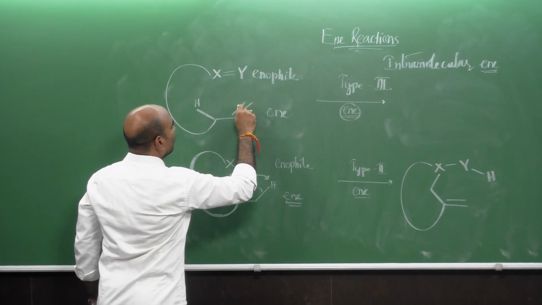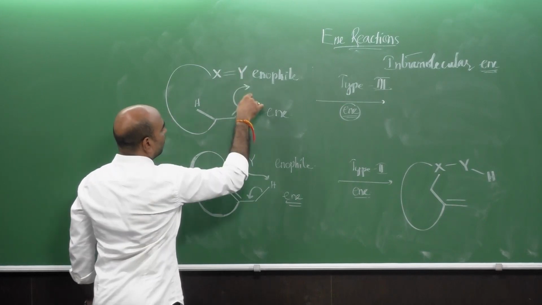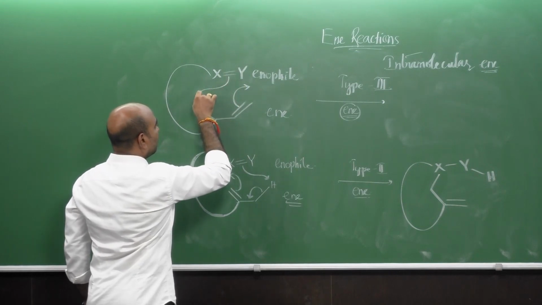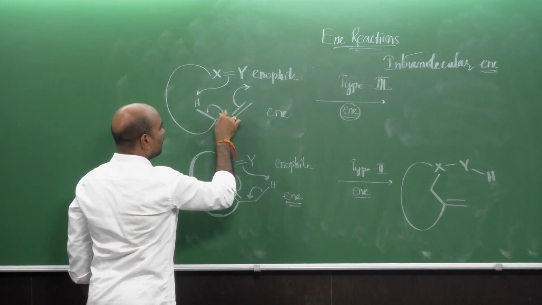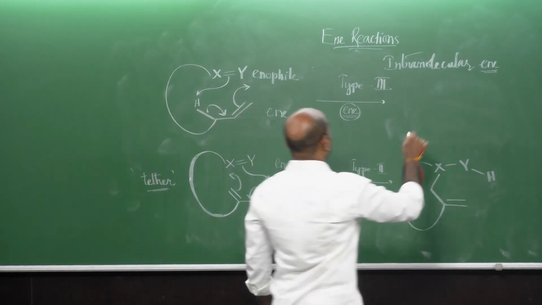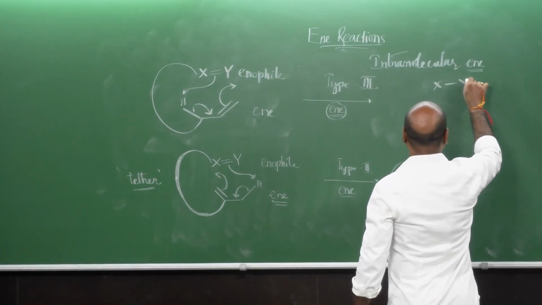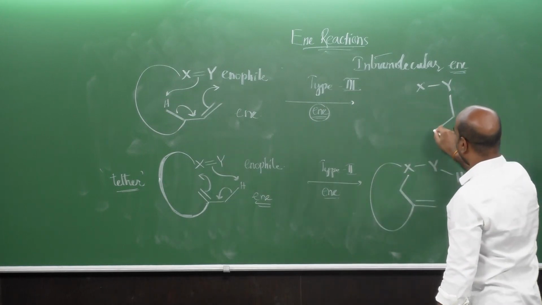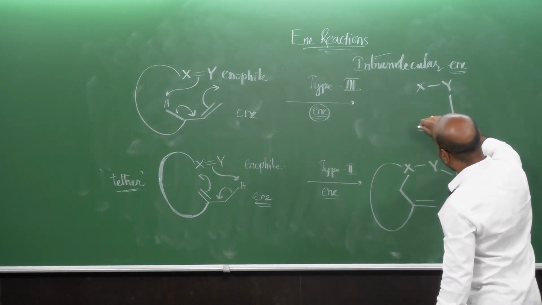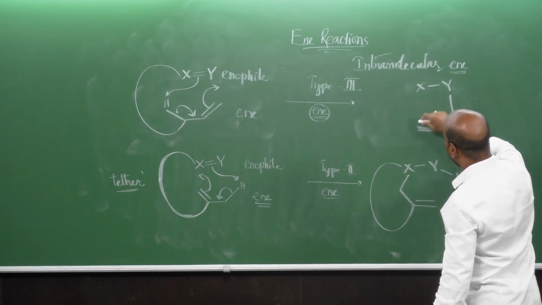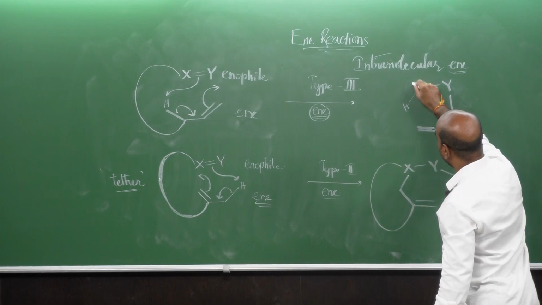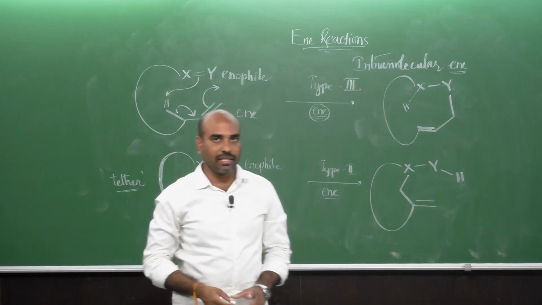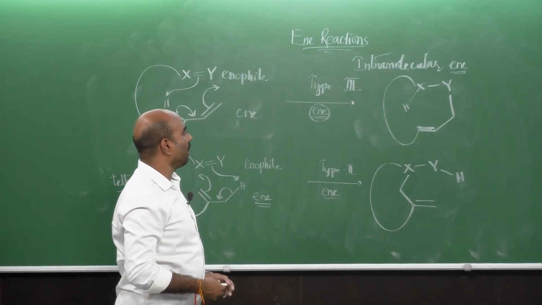This new carbon-carbon sigma bond is forming between this carbon and Y, and then this is taking up the hydrogen and this is moving here. The product is X, Y, it is now connected to the carbon atom, right. This carbon atom is now having a new double bond, and X is having a hydrogen as well as the connectivity like this. So this is the type 3 intramolecular ene reaction.